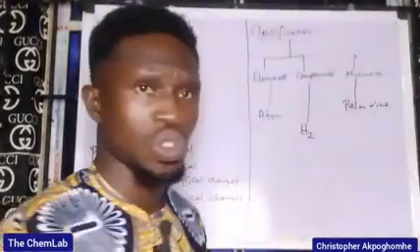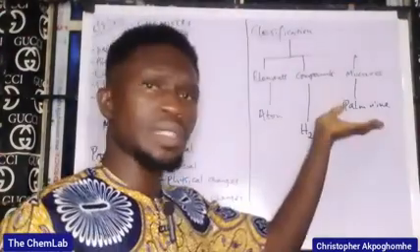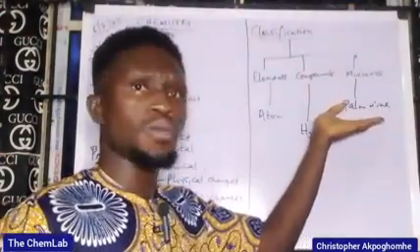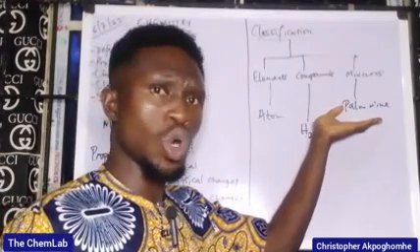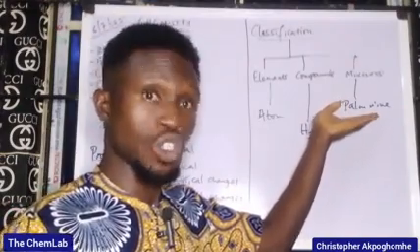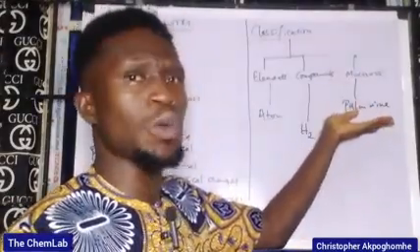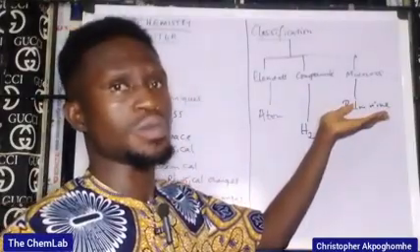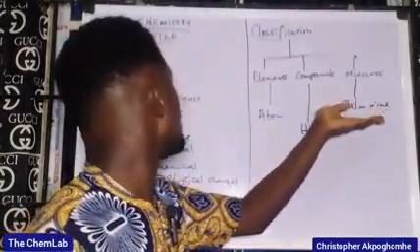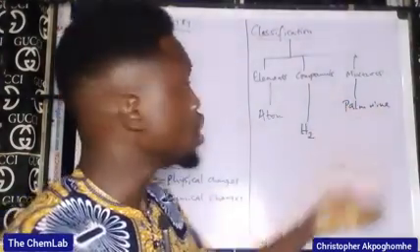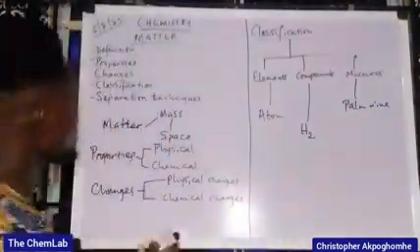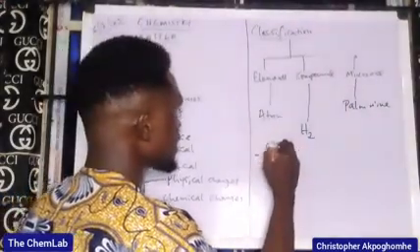Now, mixtures are substances that are made up of two or more elements and other constituents. This mixture can be separated by a physical method. So that brings us to our next discussion, which we call separation techniques.